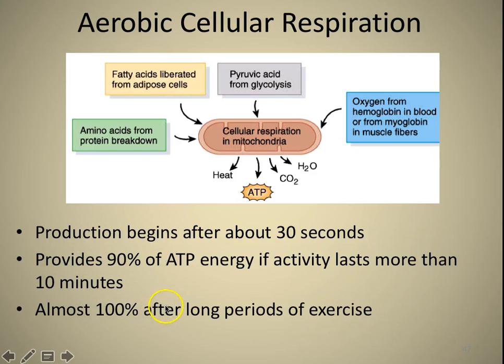So if you're jogging along for over 10 minutes, pretty much all of your ATP is coming from aerobic cellular respiration. And I think we know that. And you can make ATP in aerobic cellular respiration from all sorts of different precursor molecules.